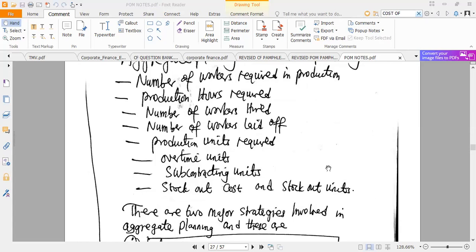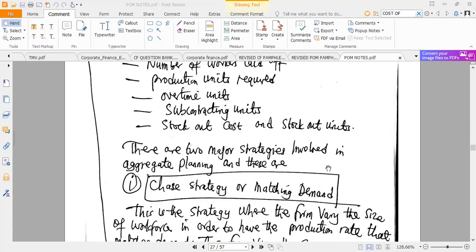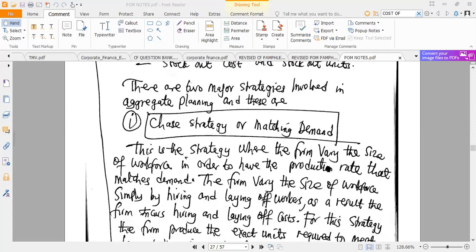Like I mentioned, in aggregate planning there are two major strategies. The first one is the chase strategy, or matching demand. This is a strategy where you vary the size of workforce in order to have a production rate that matches demand.